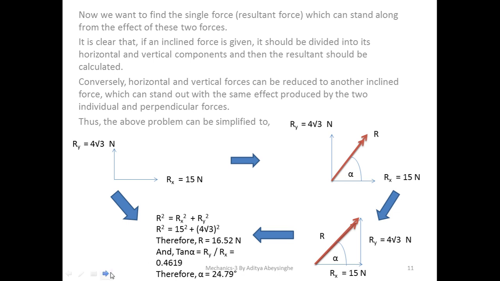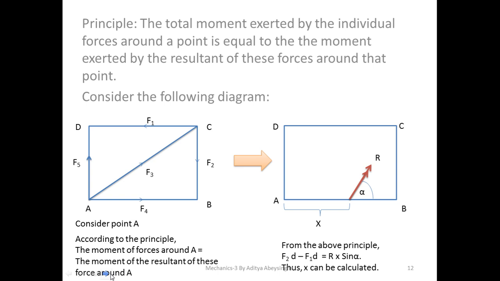Another important characteristic of finding resultant forces is that we can join the moment of a force, as I mentioned in my last video, with the resultant force. So you can merge these two principles.